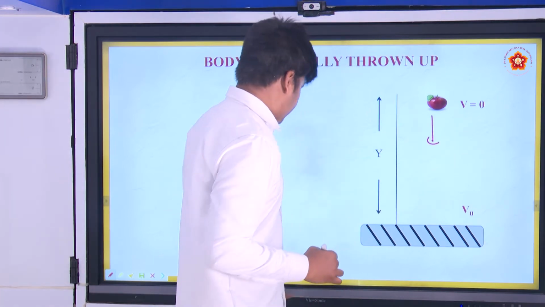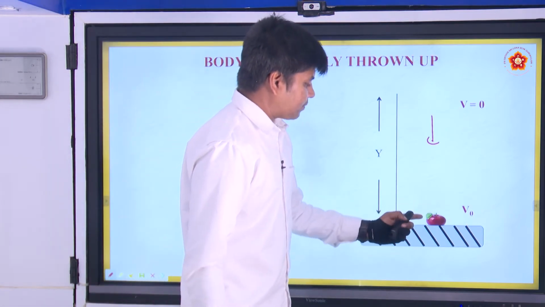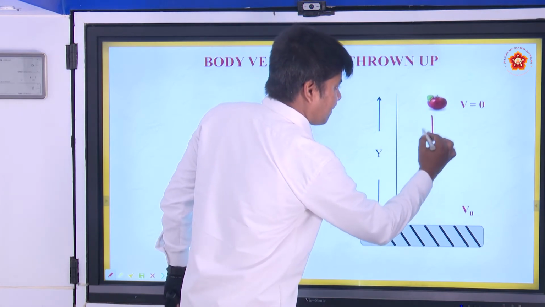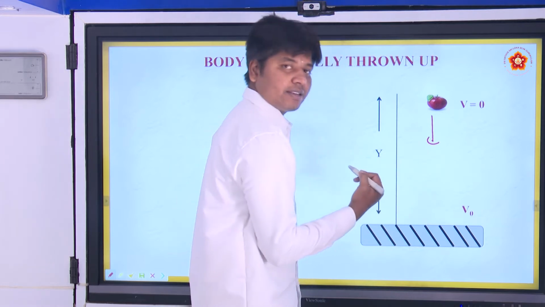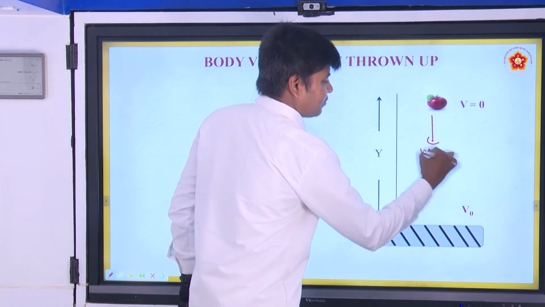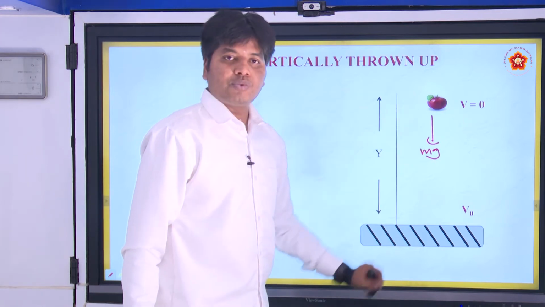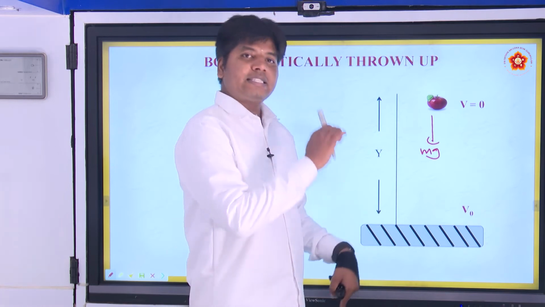See the animation once again, I am throwing the ball up. As it is going, the force due to gravity is downwards, right? That is mg, we call it mg. So it is acting downwards, that means g is downwards, velocity is upwards.